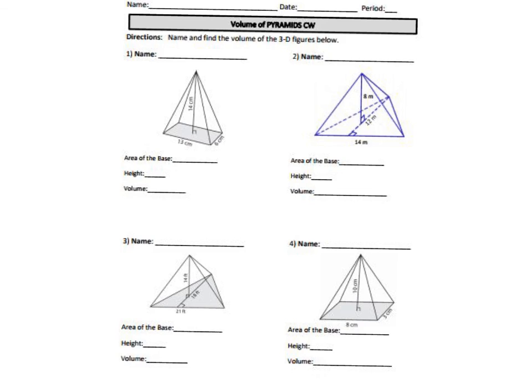You don't need to fill that out. All you need to do is fill in the volume. That's up to you if you want to do it. If you don't, I am only going to be looking for the volume. So those 4 questions, you should be able to turn them in before you leave.